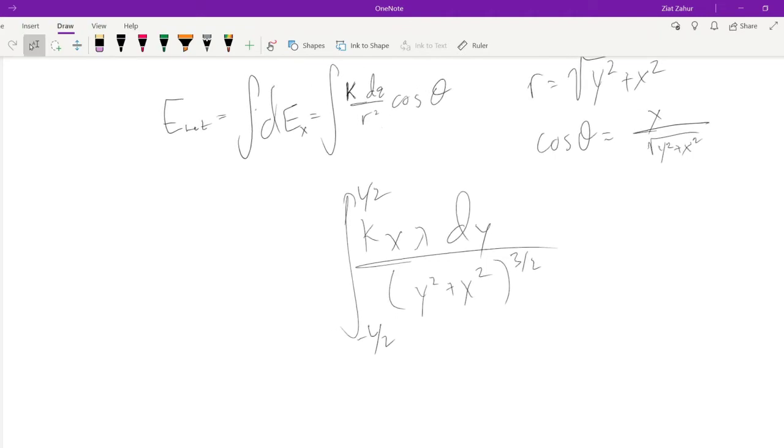And then do some tricks up. Let's see, y is equal to x tan theta or something like that. And then let's take a derivative real quick. dy must be, tangent is secant squared, so x secant squared theta d theta. And then substitute and blah, blah, blah.